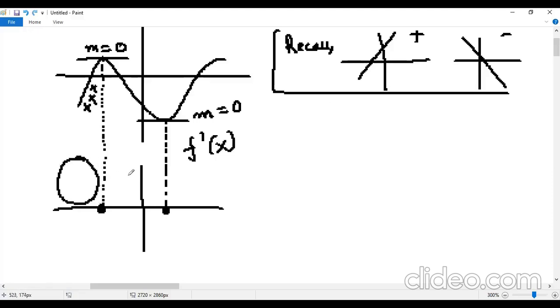And as we move on to the next region, I could draw a tangent line at any point, and those tangent lines would in fact be negative. So I'd want to be here. If it's positive, you're above the x-axis in that region. If it's negative, you're below the x-axis in that region.